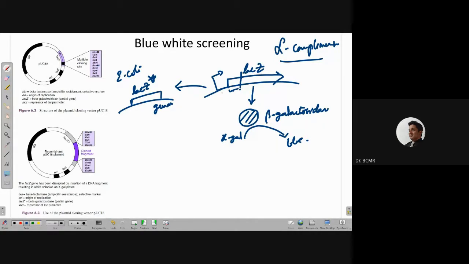It lost it, so it's not a complete open reading frame. If it produces, it will produce something like this: only half an enzyme, you can think of it. And that half an enzyme is not functional.